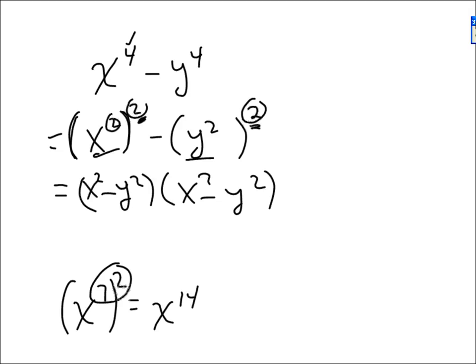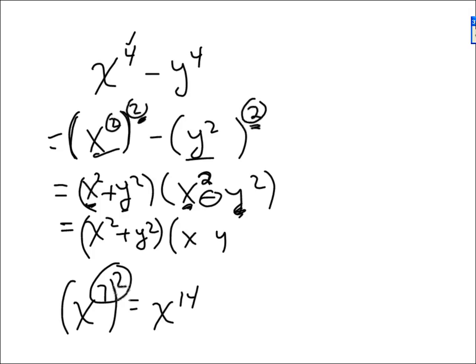One gets a minus, one gets a plus. The first term is the sum of squares, one thing squared plus another thing squared. That cannot be factored. But the second term is the difference of squares. The x squared is x squared, and y squared is y squared.